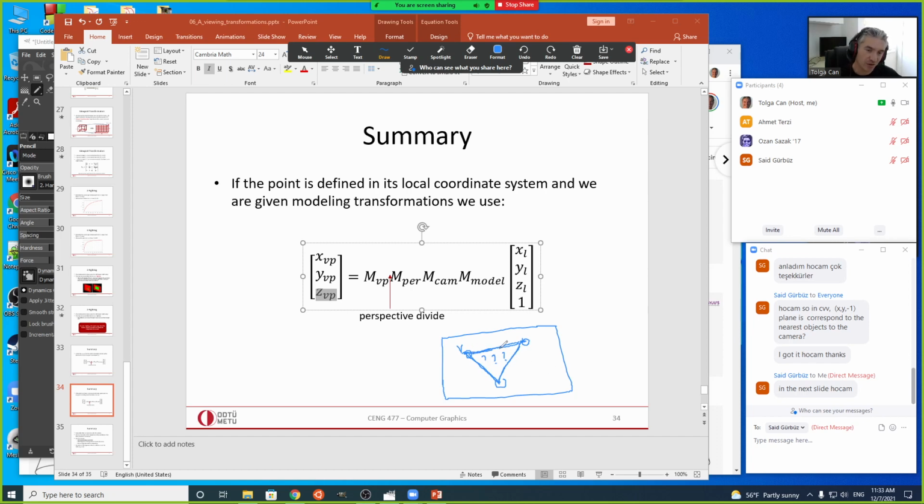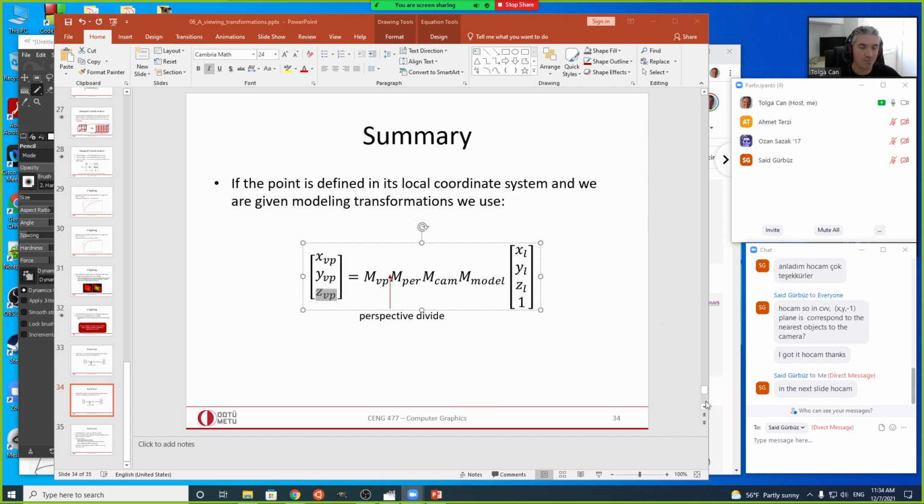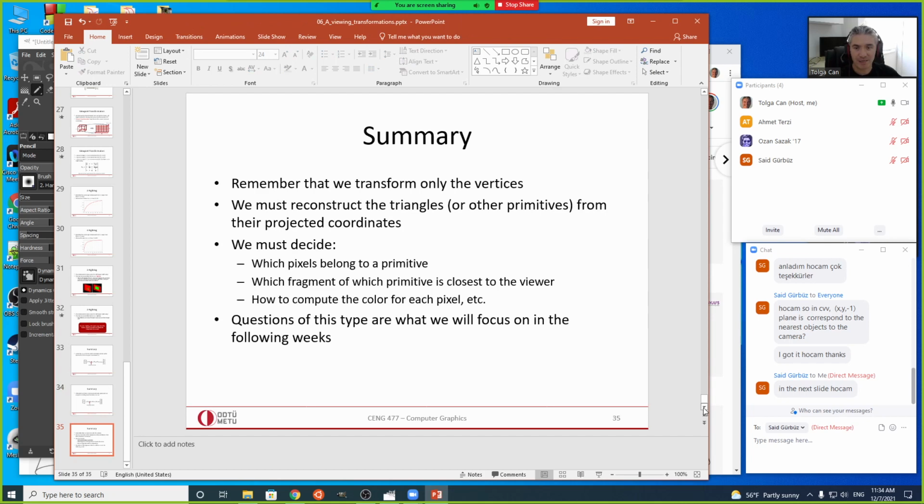We are going to see line drawing algorithms after the midterm, and how we can interpolate certain parameters. The color should be interpolated nicely along the triangle. We are going to see those things before your second assignment. You'll also be able to implement those in the second assignment, but that's it basically.